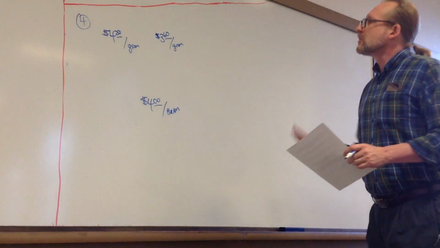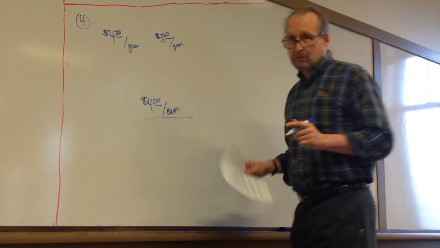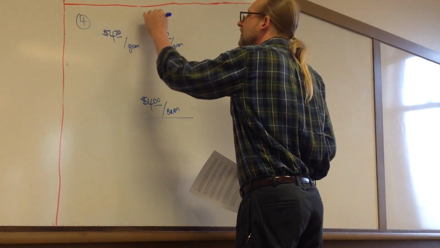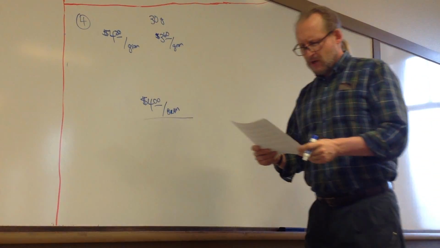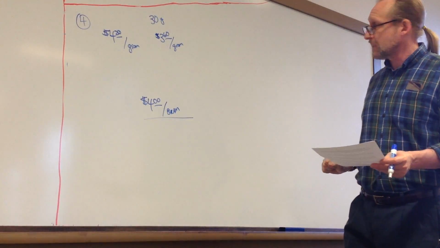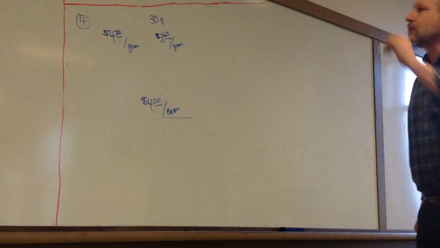Okay? So this is a little bit different because notice that we don't have the total number of grams in the mixture, but we do have the information that we're going to have 30 grams of this spice that costs $3.60 a gram. So, how do we set this up?